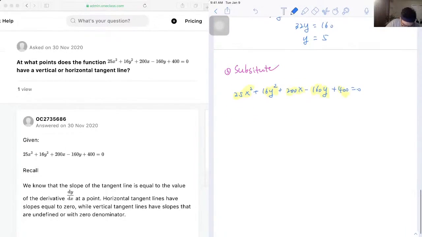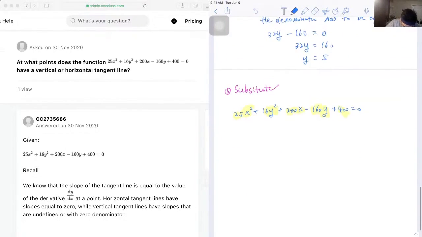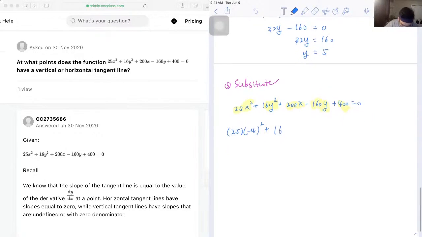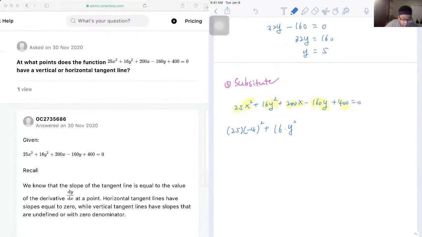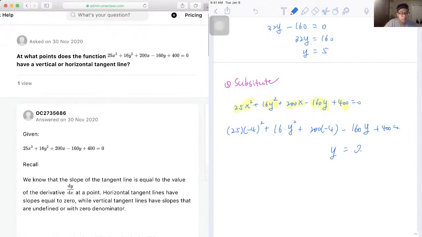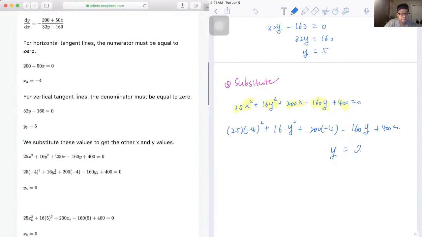So 25 times negative 4 squared plus 16 times y squared plus 200 times negative 4 minus 160 times y plus 400 equals 0, and that will give us y is equal to 0.